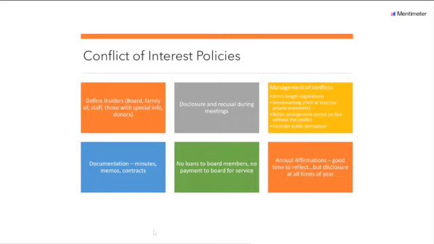Most organizations use an annual form that board members sign about the conflict of interest, but be aware that this would not absolve you from daylighting the conflict at the time that it occurs and the board begins to discuss a conflicted transaction.